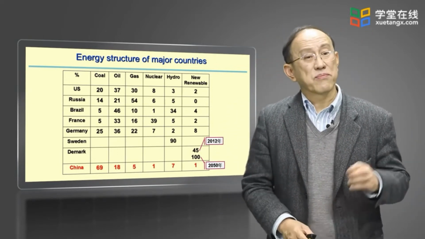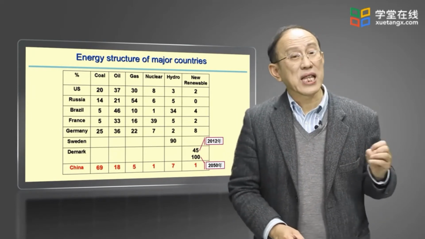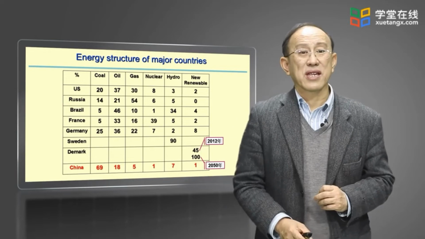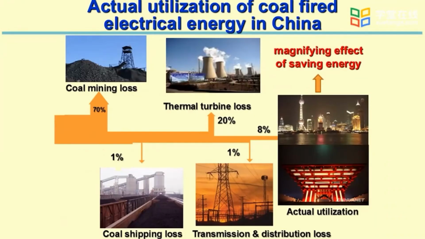And burning coal is not only dirty, but also inefficient. You can see here the actual utilization of coal-fired electrical energy in China. Based on the textbook, the efficiency of Chinese coal mining is only about 30%.